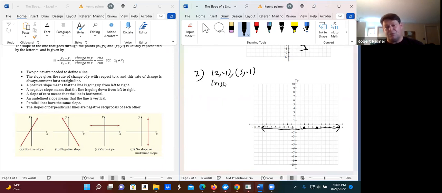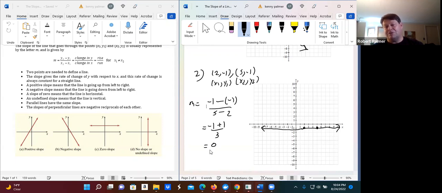So I'll call this one (x1, y1), this one (x2, y2). Then my slope m is going to be this y minus this y, so -1 minus -1. If I start with this y, I start with this x, 5 minus 2. And then I have -1 plus 1 over 3. 5 minus 2 is 3.